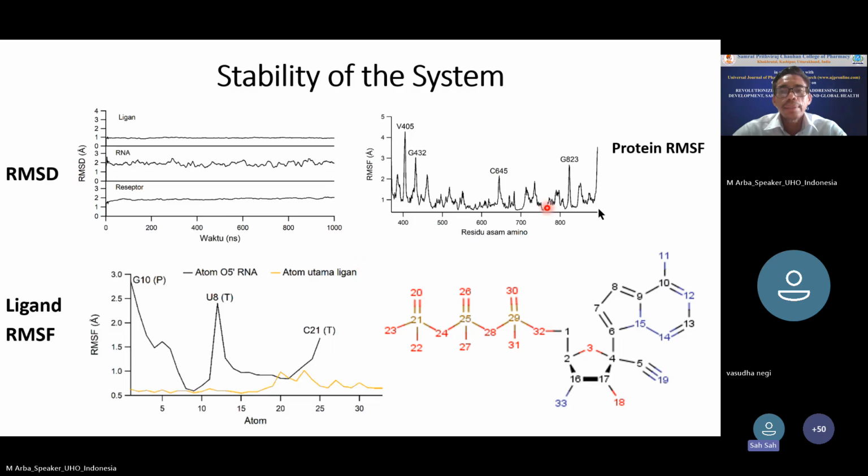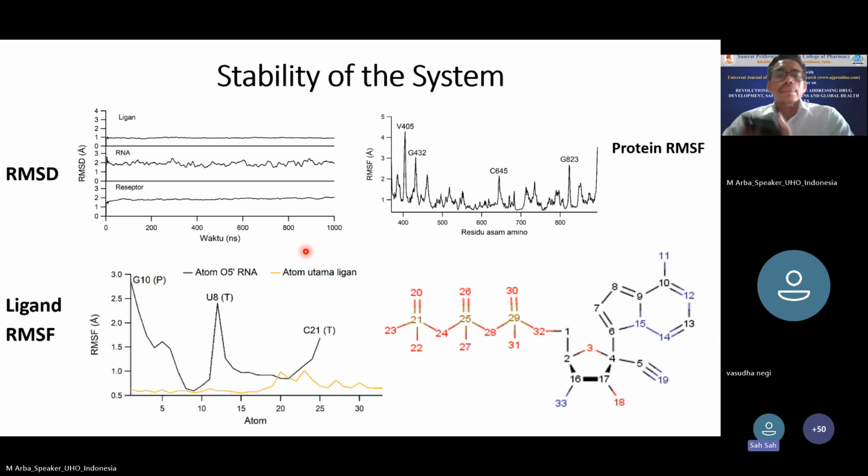So what we did first, we performed a molecular dynamics simulation to see the stability of the system. We evaluated by using parameters like RMSD, protein RMSF, and ligand RMSF. And we see that the receptor backbone, RNA, and ligand are very stable during 1000 nanoseconds.